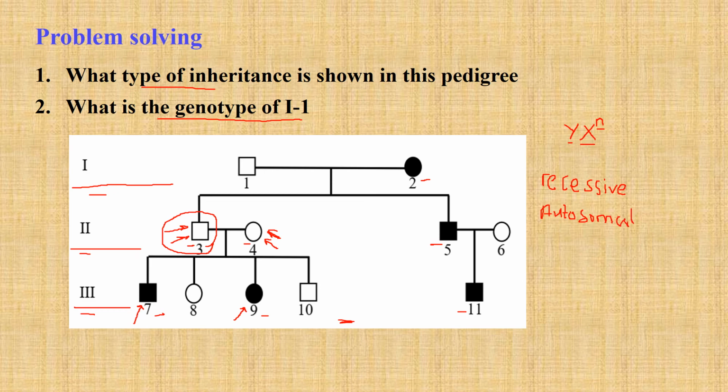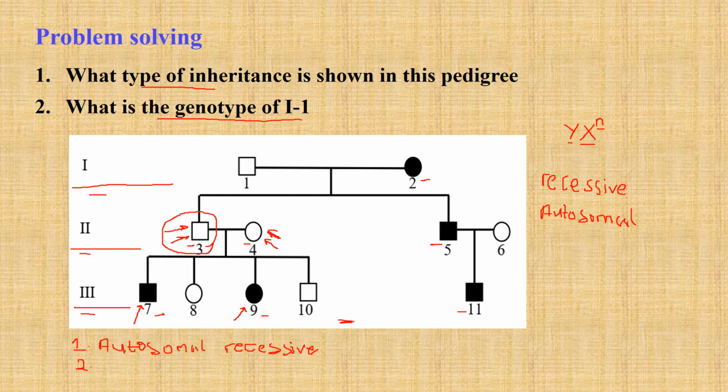So for question one, that inheritance is an autosomal recessive inheritance, which is a form of Mendelian inheritance. So the inheritance there is an autosomal recessive inheritance.